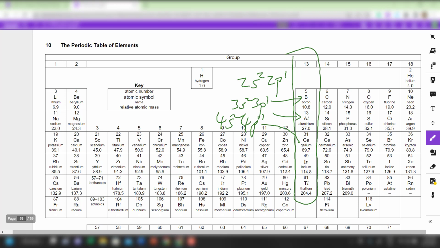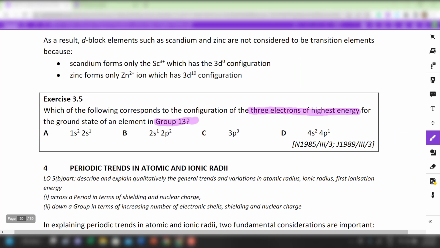Now, if we go back to our options here, they wanted the highest energy for ground state of an element from group 13. Definitely A is out because we are looking at group 1. B is out. Why? Because we are looking at one of the s electrons from boron being excited to 2p.